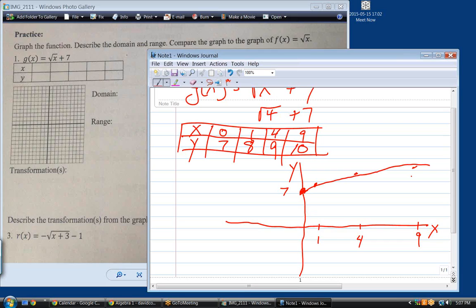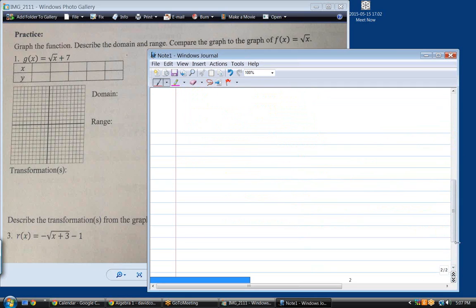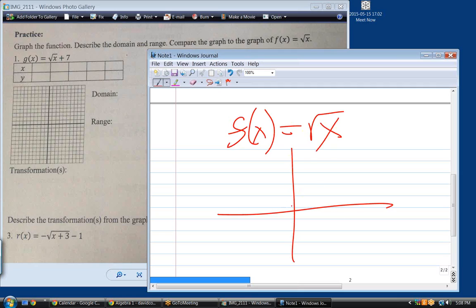Well, that looks an awful lot like y equals the square root of x. In other words, if I were to graph the elementary function, f of x equals the square root of x, that function starts at the origin and goes up and starts to flatten out like that.